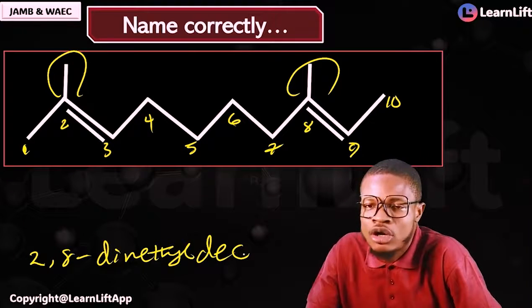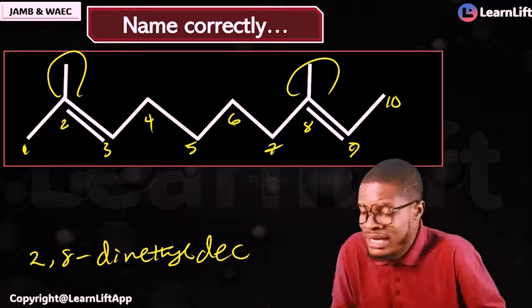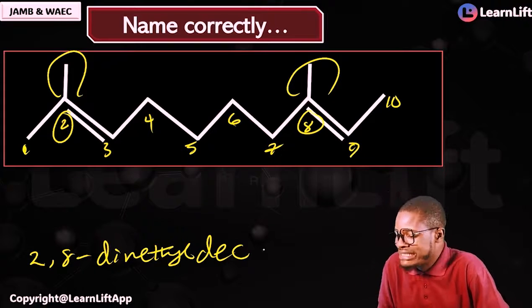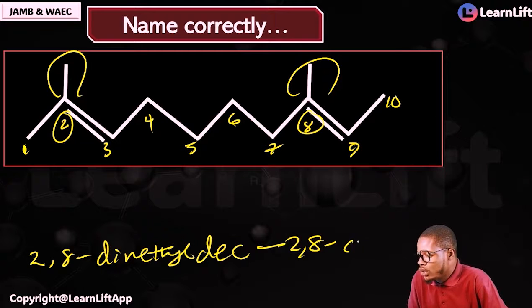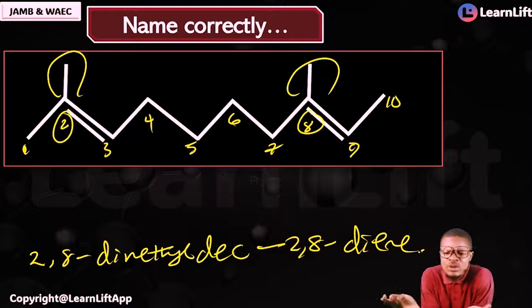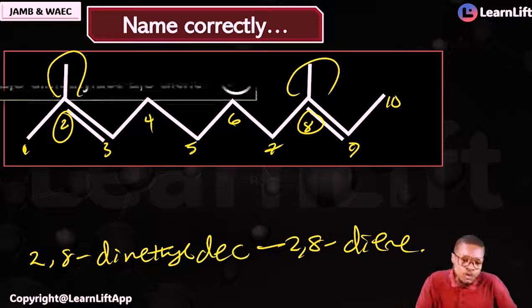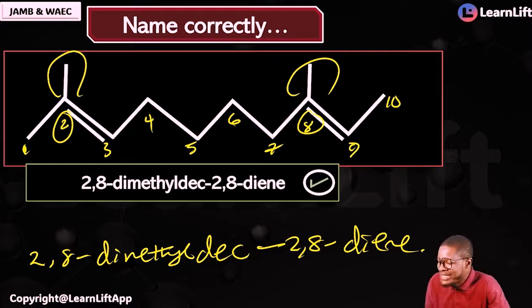Will it be decane or decene? Decene. But dec, how many ene? Carbon 2 on the double bond. Carbon 8 on the double bond. Dec-2,8 what? Diene. You see that you could not name it, then you are naming it correctly now. That's how it is. 2,8-dimethyl dec-2,8-diene. Easy and direct.